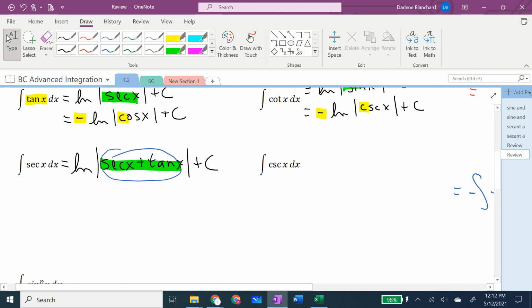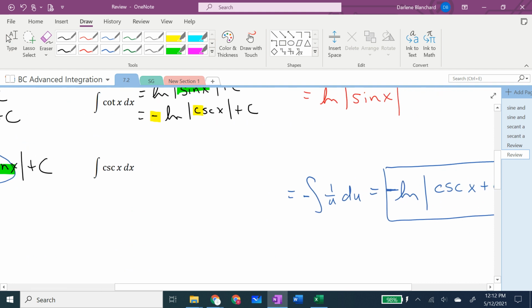If I use the textbook version of cosecant, that changes. If I use this version, I get the pattern again where I have a co with my answer for the integral, I've got a negative. And I'm just going to throw out there the textbook version is positive natural log of the subtraction.